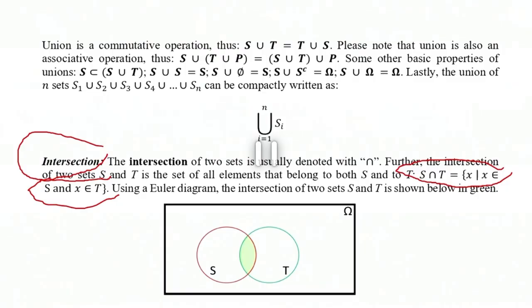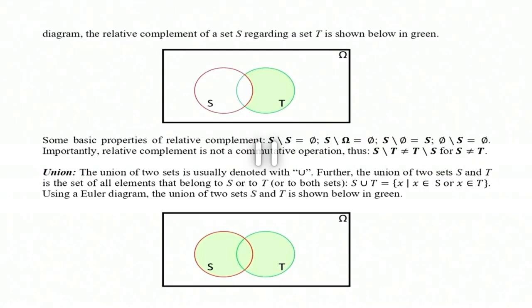If you check the definition for the union, do you see the conjunction used? That is the only difference. x comes from S or x comes from T, that's for the union. So when I talk about intersection now, that very OR is going to change to AND. That's a mathematical way of defining the intersection of two sets.